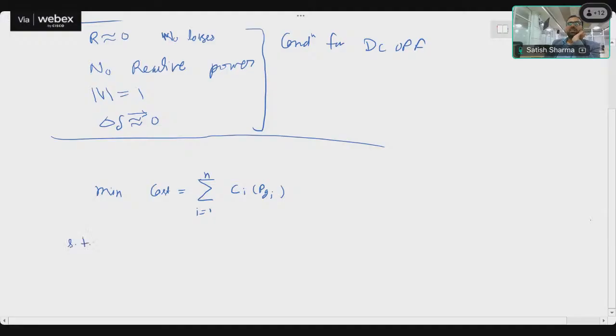Then we had constraints. So earlier, how many constraints were there in DCOPF?